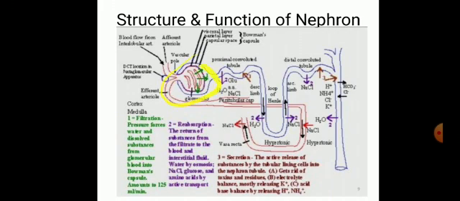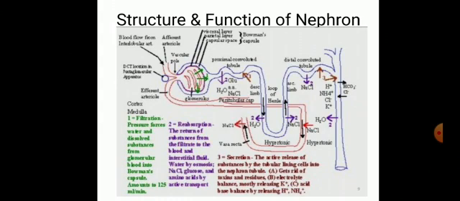First is the filtration part, which occurs in the glomerular layer, and the second part, the proximal convoluted tubule, where reabsorption occurs, and the secretion part that occurs at the distal convoluted tubules. Pressure forces water and dissolved substances from glomerular blood into the Bowman's capsule, which amounts to 125 ml per minute, that is accounting for the glomerular filtration rate.